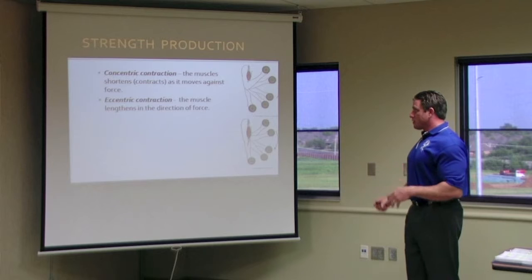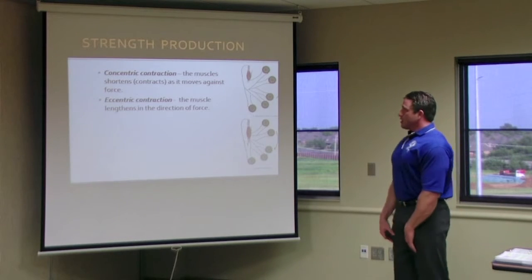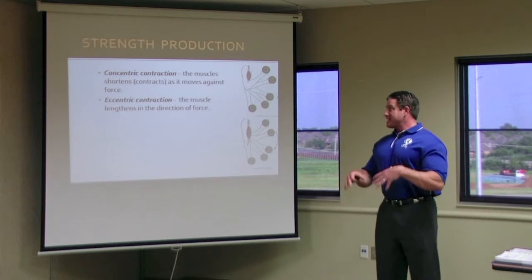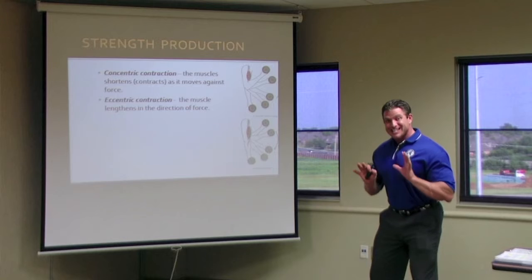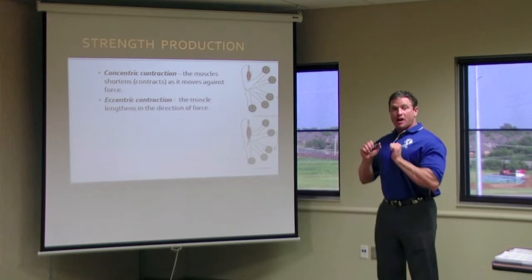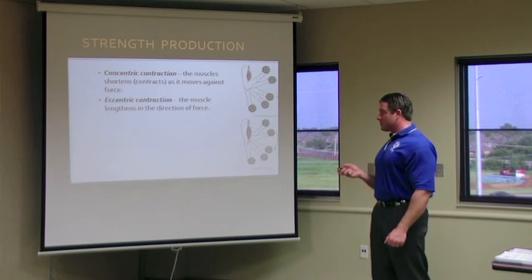On a squat, if we're looking at the quads as the muscle we're focusing on, the purpose of my quadriceps is to extend my knee. So as I descend into the squat, that is the eccentric phase because these muscles are lengthening. And as I return back up, I'm contracting my quadriceps, which is a concentric phase.